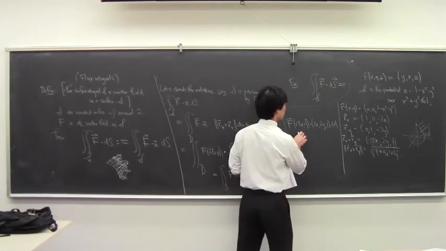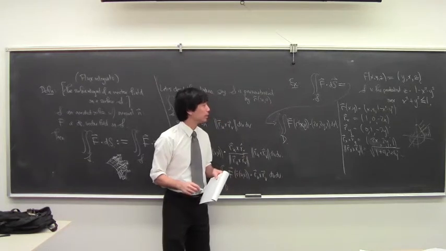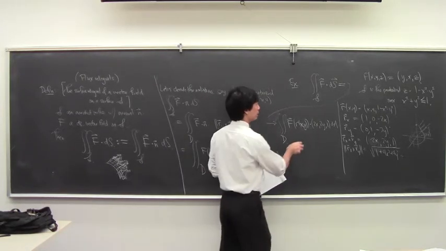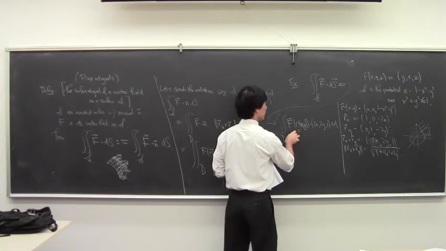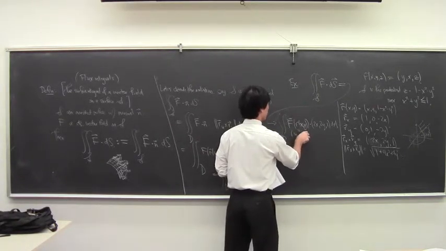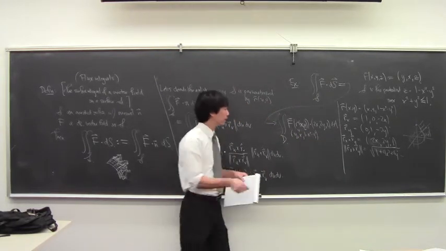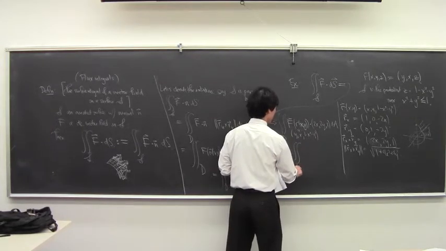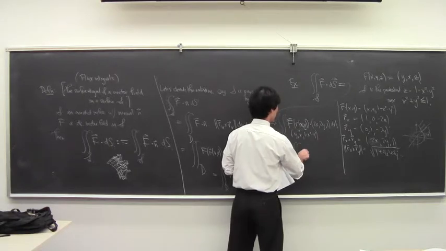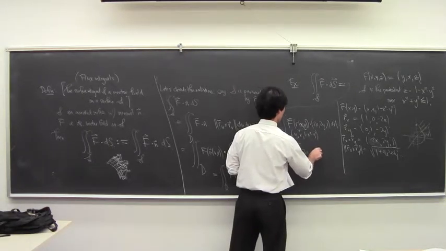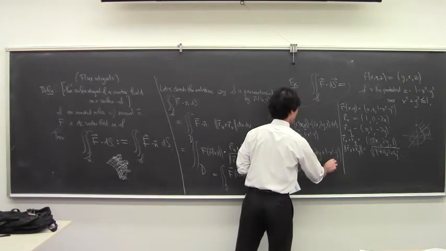R(x,y) is (x, y, 1 minus x squared minus y squared), and so F of that is (y, x, 1 minus x squared minus y squared). And then you just evaluate. So this is the double integral over D of 2xy plus 2xy plus 1 minus x squared minus y squared dx dy.